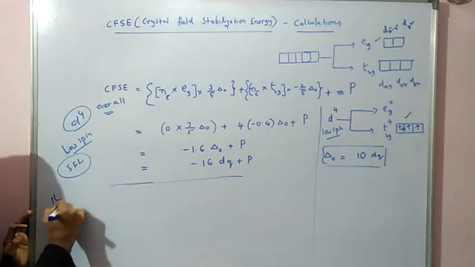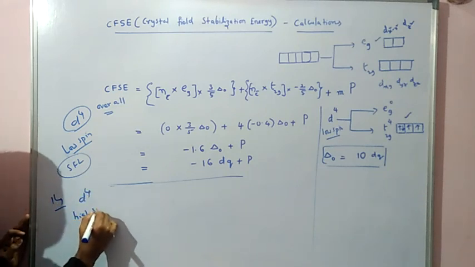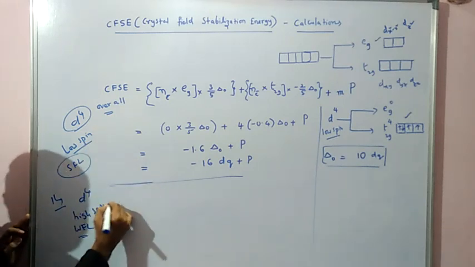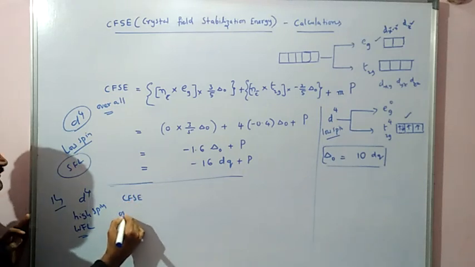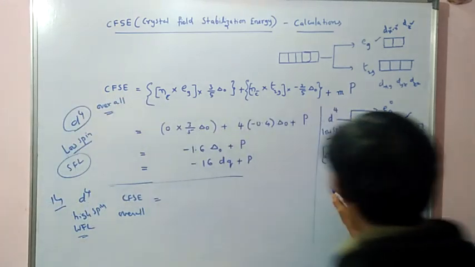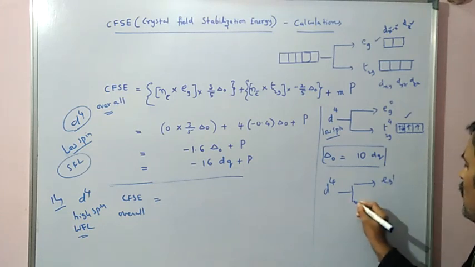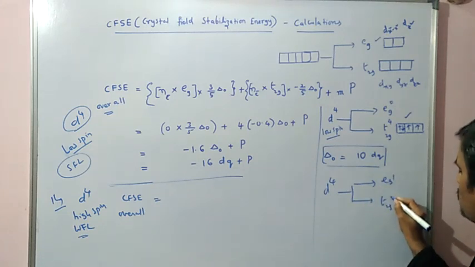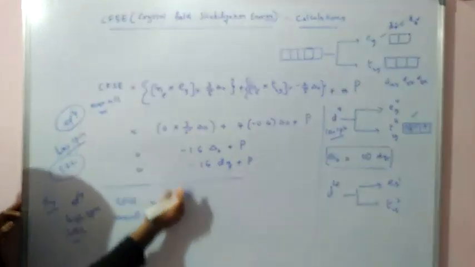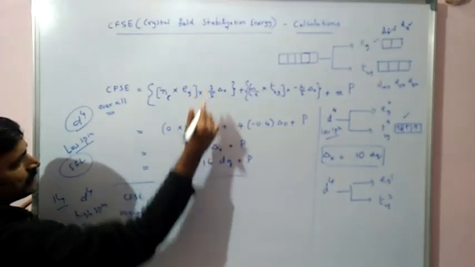In a similar fashion, for the high spin complex, meaning in the presence of weak field ligands, the overall CFSE value can be written according to the d4 configuration. In d4, 1 electron will come in Eg and 3 electrons will come in T2g. So the calculation here is: Eg has 1 electron, so 1 into 3 by 5 is 0.6.